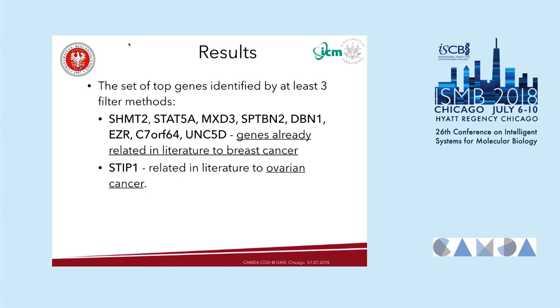And 7 of them are genes already found in biological literature as related to breast cancer. And we found also one new gene that is related in literature to ovarian cancer. We have not found indications that it is connected to breast cancer, but it seems plausible.